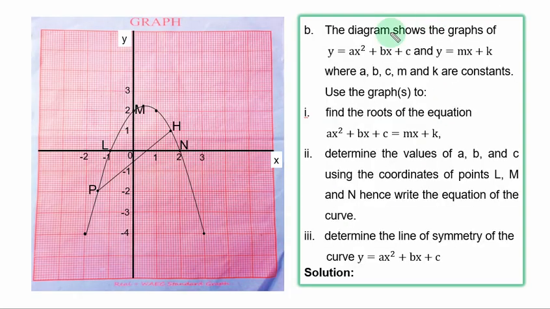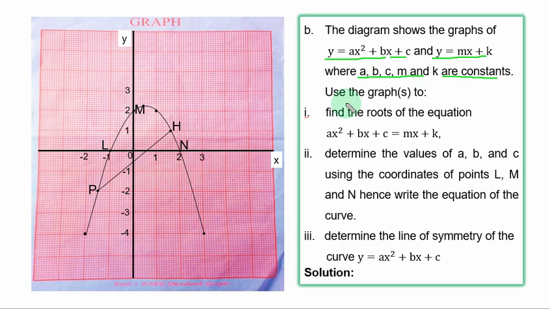Question 7b. The diagram shows the graphs of y equal to as squared plus bs plus c and y equal to ms plus k, where a, b, c, m and k are constants.